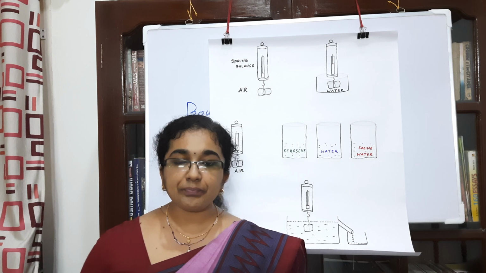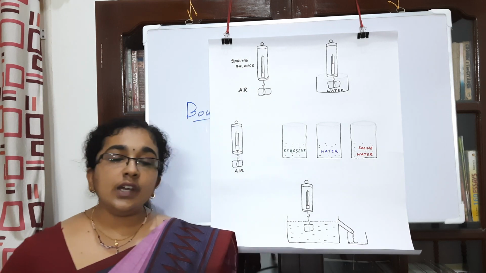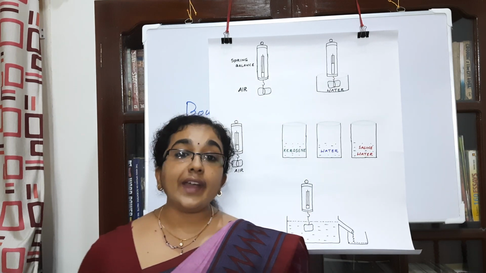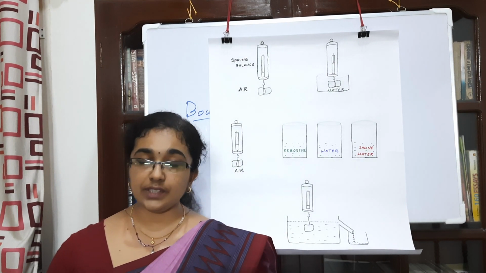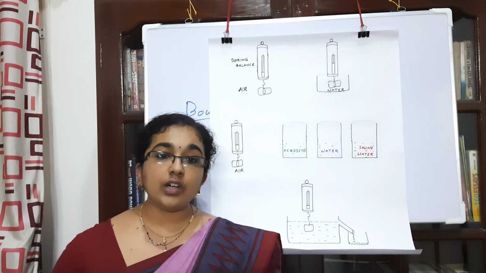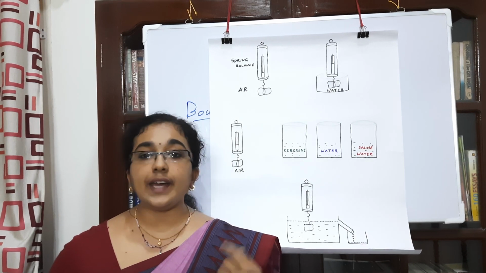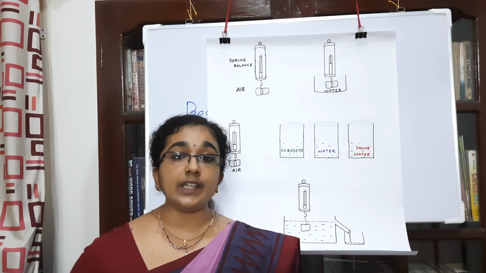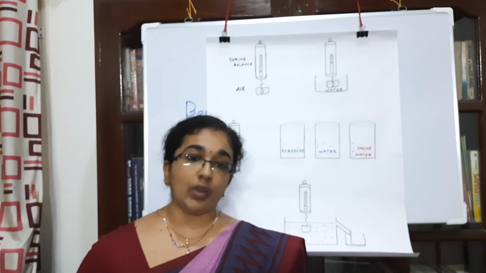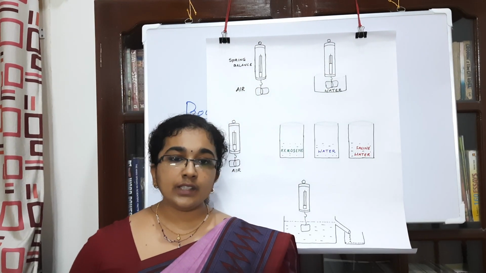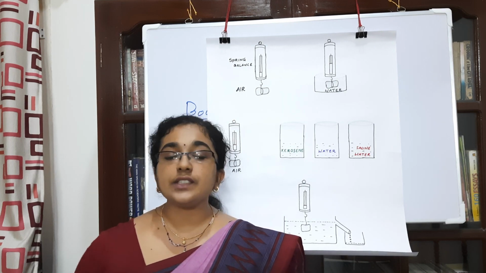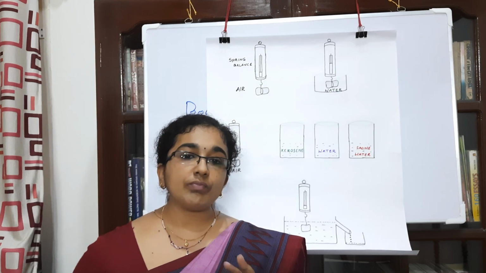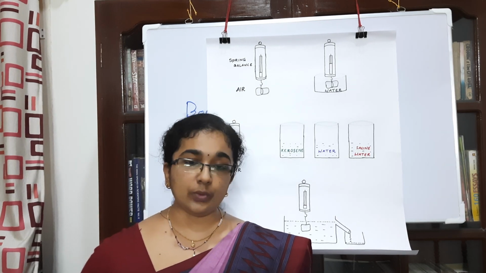Now, next we are moving on to the factors that influence buoyancy. There are two factors that influence buoyancy. First is the density of the liquid, and second is the volume of the body. So let's discuss these two factors in detail. First of all, density of liquid.